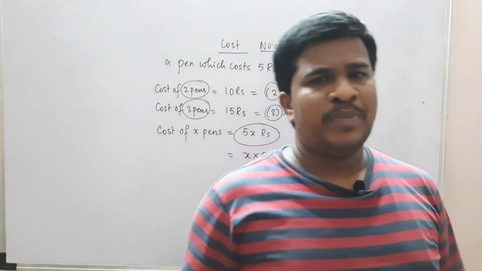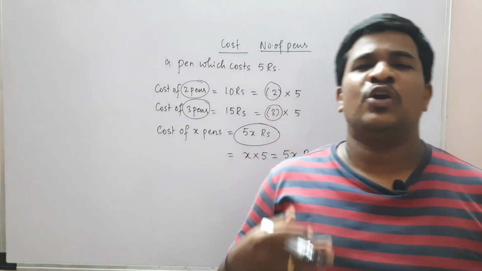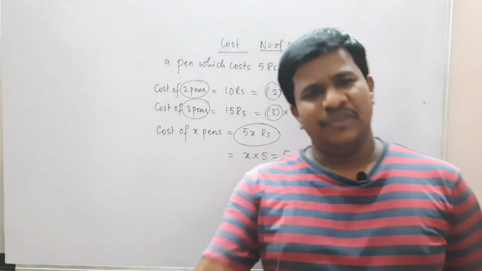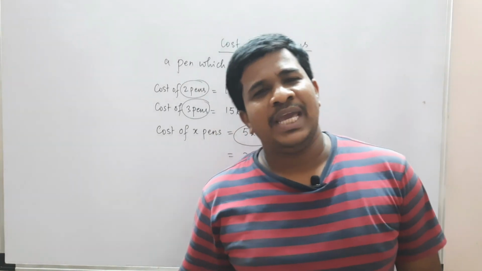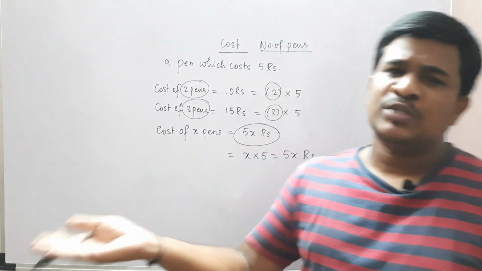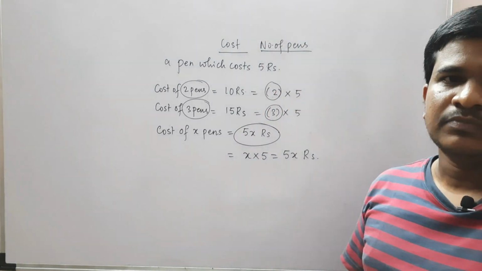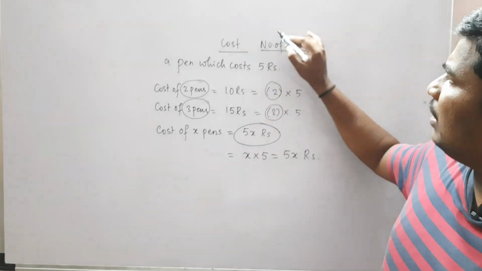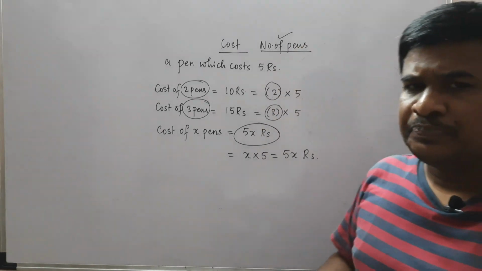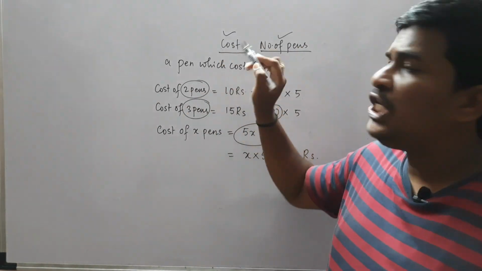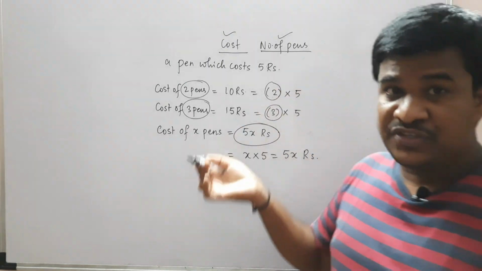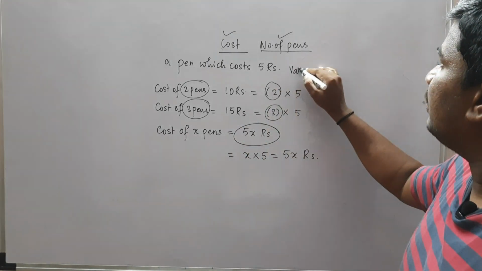If you want to buy 2 pens, you have to spend 10 rupees. If you want to buy 3 pens, you have to spend 15 rupees. If you want to buy n pens, you have to spend 5n rupees. So the number of pens and the cost, these two are not fixed, they are variables.